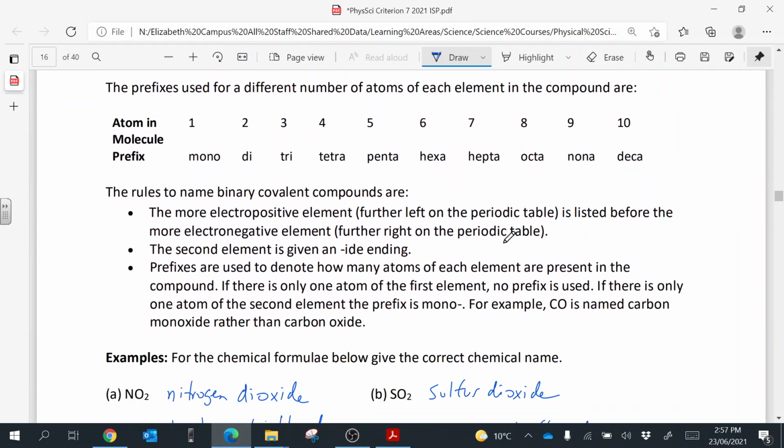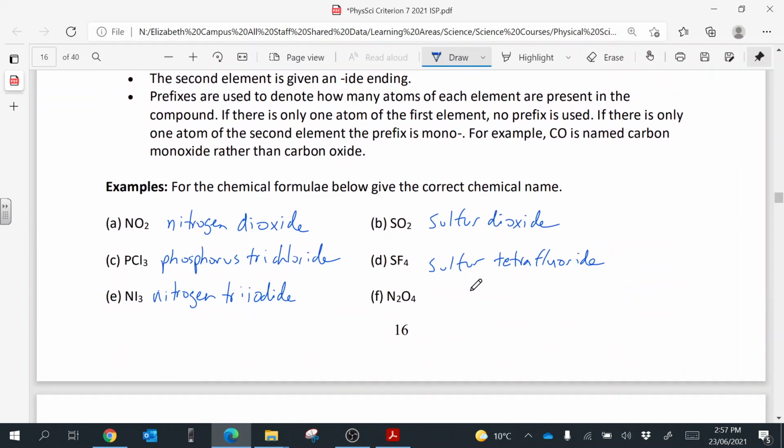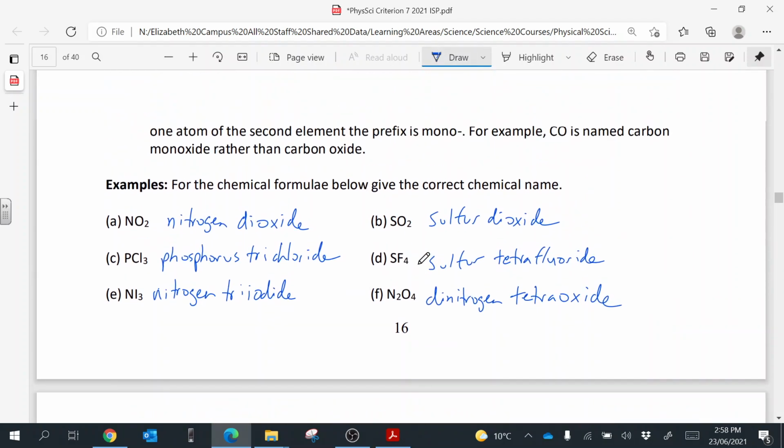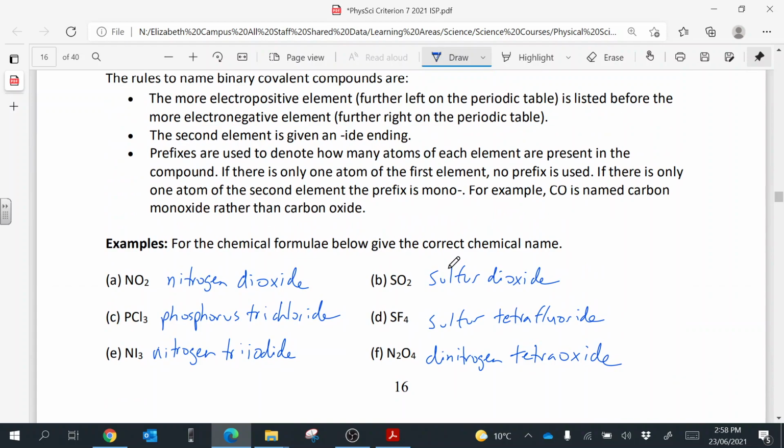So this one will instead be dinitrogen tetraoxide. Okay, good. And we'll look at some forces in covalent bonding next time.